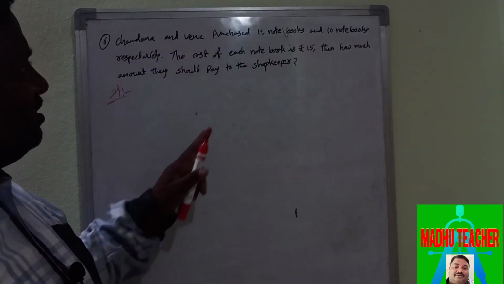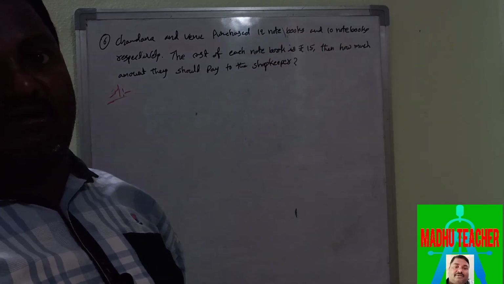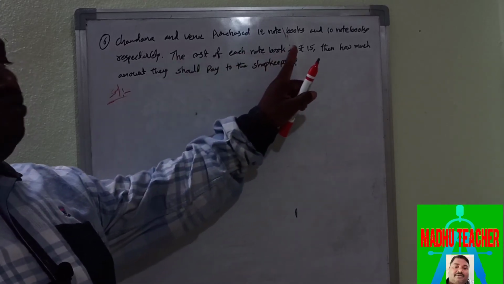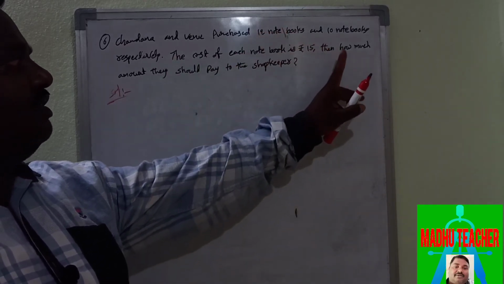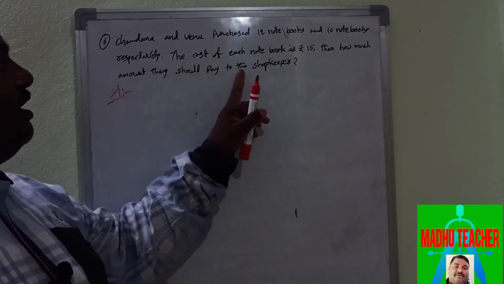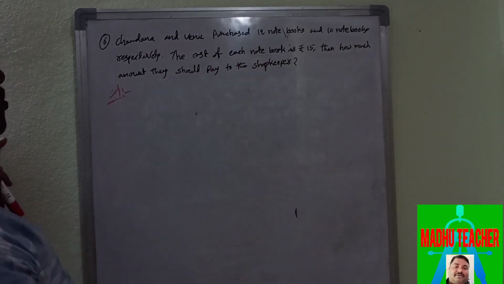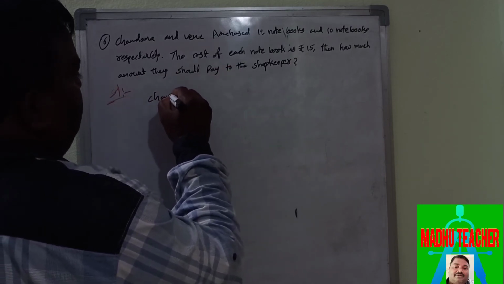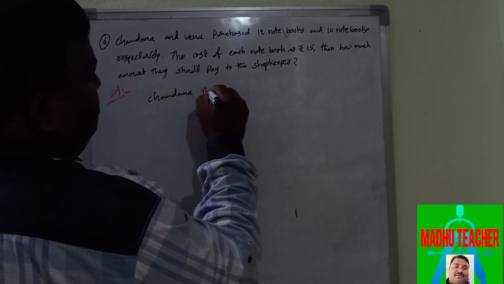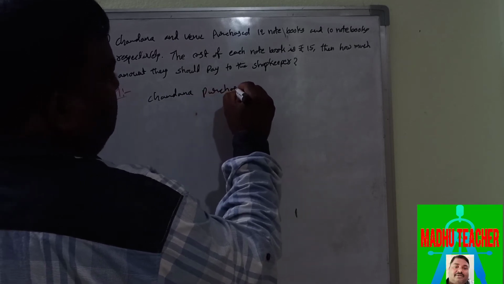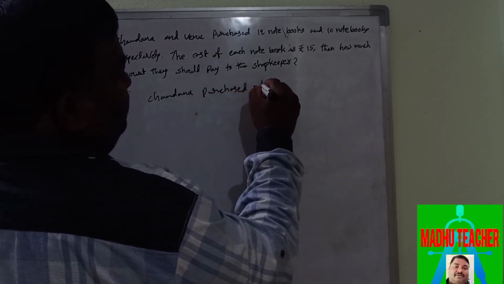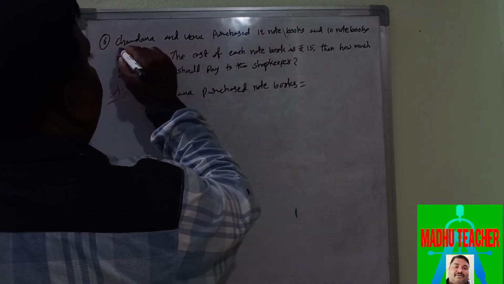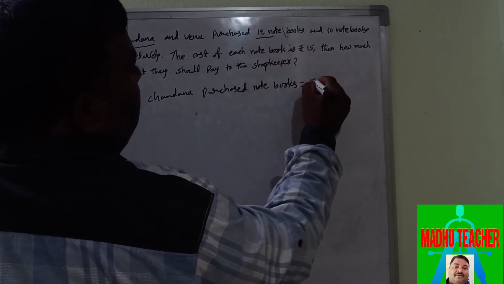Chandana and Venu purchased 12 notebooks and 10 notebooks respectively. The cost of each notebook is 15 rupees. Then how much amount they should pay to the shopkeeper? So Chandana purchased how many notebooks? She purchased 12.